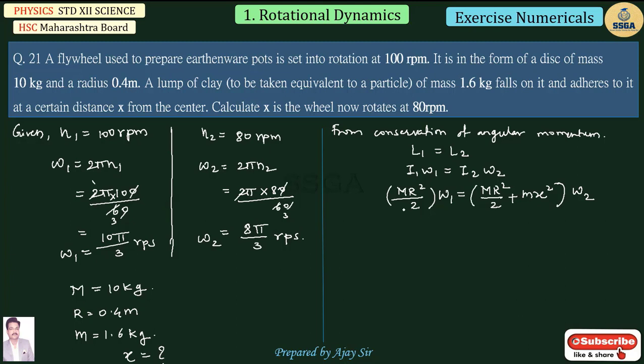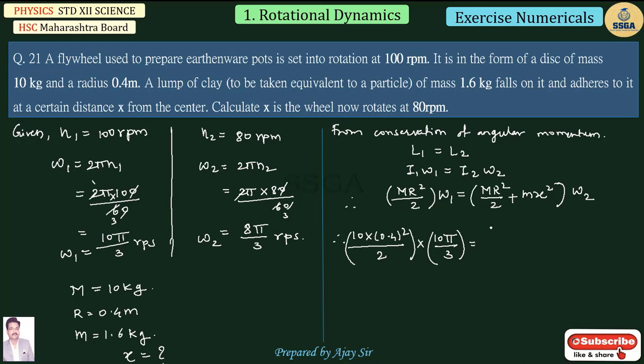Therefore, by using these formulas, let us put the known values. Capital M is equal to 10, radius 0.4 square divided by 2, into omega 1. Omega 1 is equal to 10 pi divided by 3.